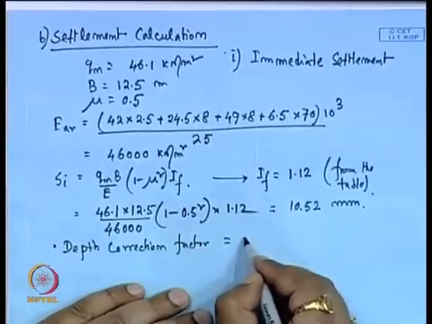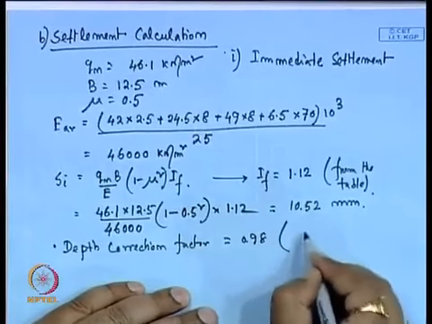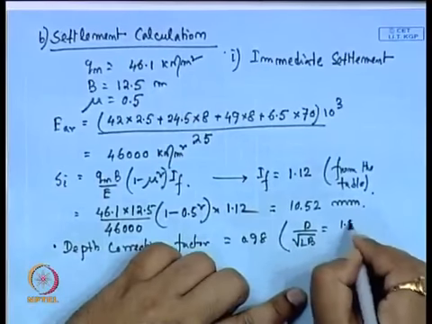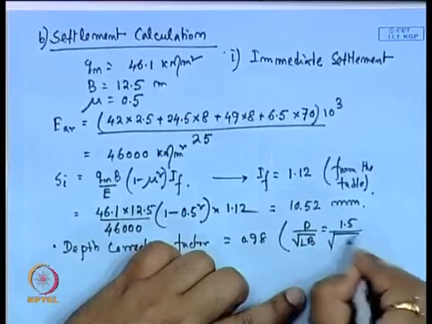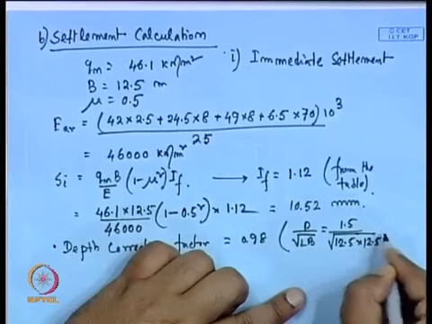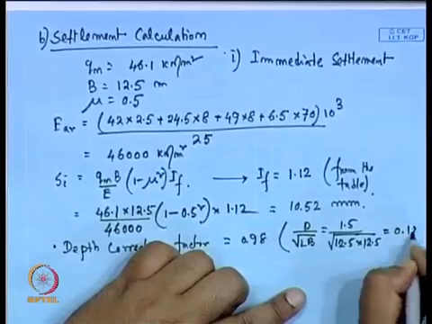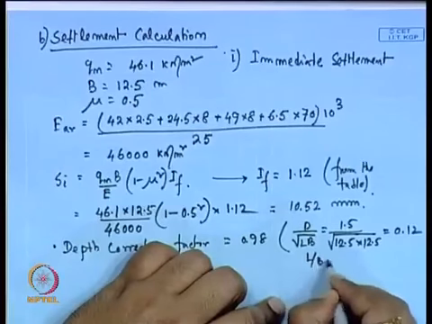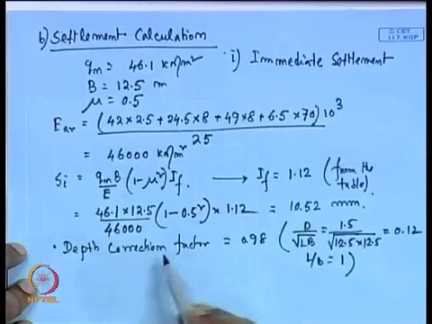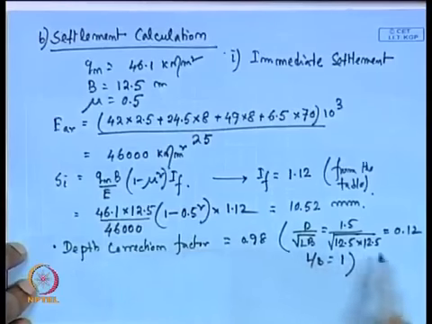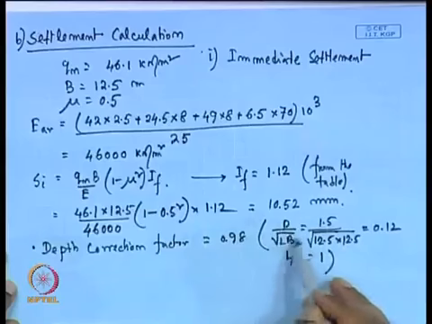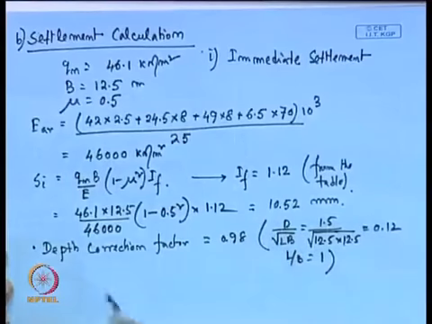We are getting 0.98, because our d by root L b value is 1.5 divided by root of 12.5 into 12.5, so this value is 0.12, and L by b is equal to 1.